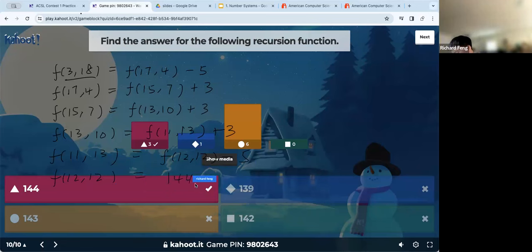And then going back up, 144 minus 5 is 139. 139 plus 3 is 142. Wait, I think I made a mistake somewhere. 139, 142, this is 145, 148, and 143.